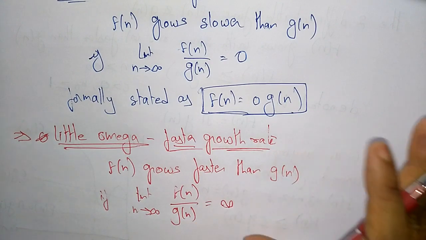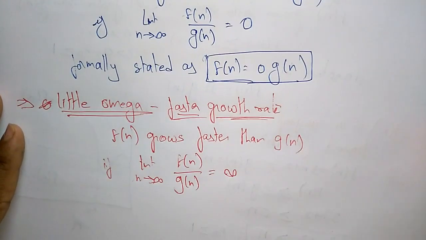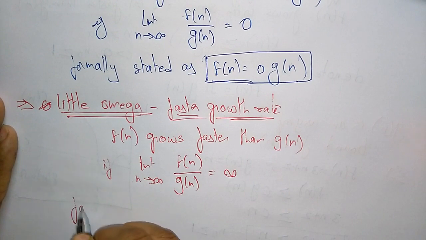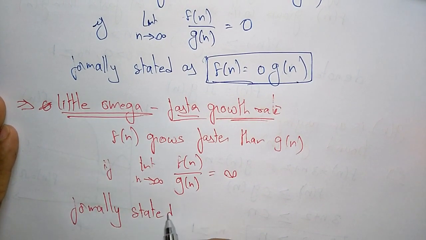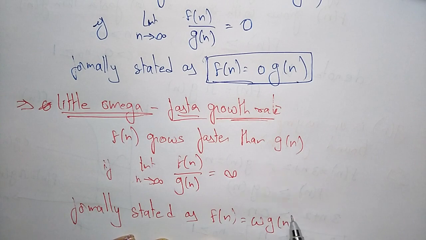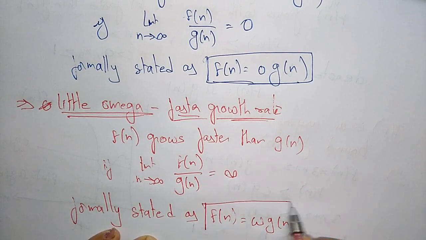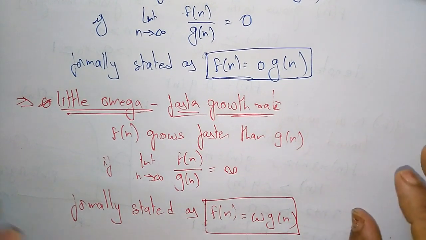So this is the condition that has to be satisfied. So formally it is stated as f of n is equal to small omega of g of n. So this is the formula for little omega.